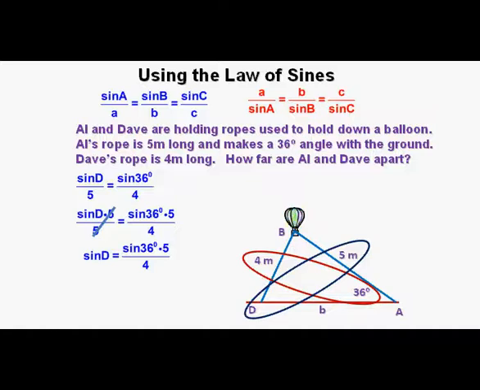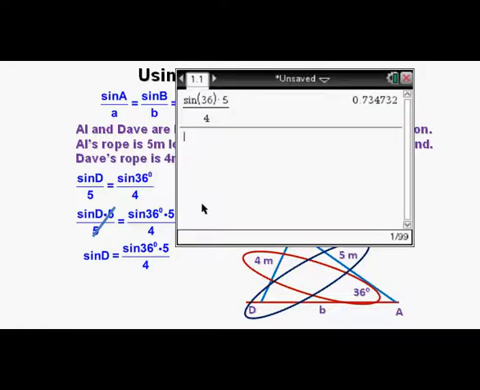And going to our calculator, we find that the sine of angle D equals 0.734732, which we write down for reference. Therefore, we know that angle D equals approximately the inverse sine of 0.734732.